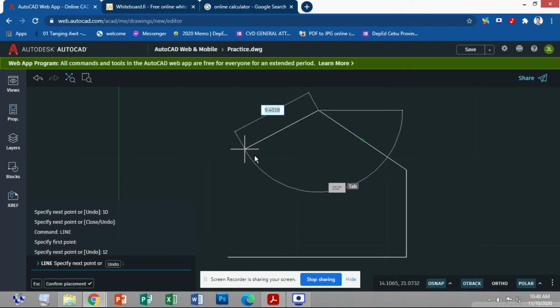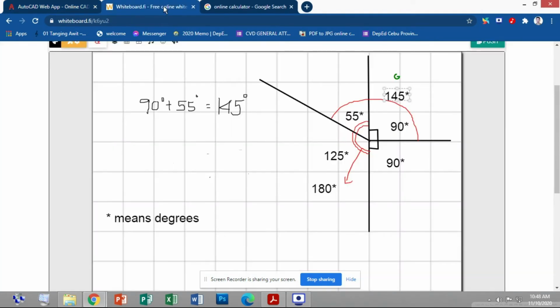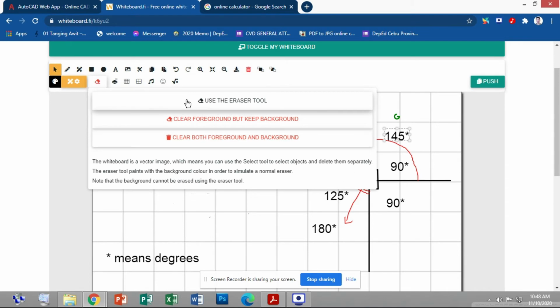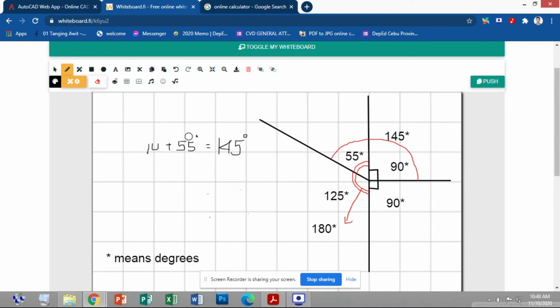Okay, now, let us go back to our whiteboard. I will erase this. Now, if you notice, if I will draw a line from this point to this point, for example like that.